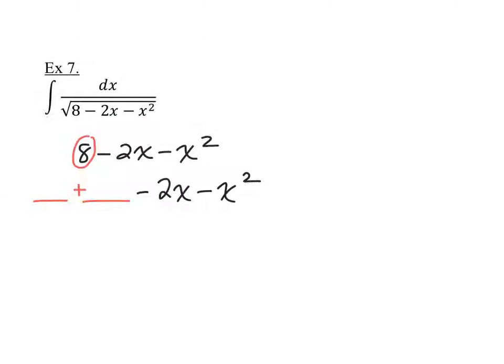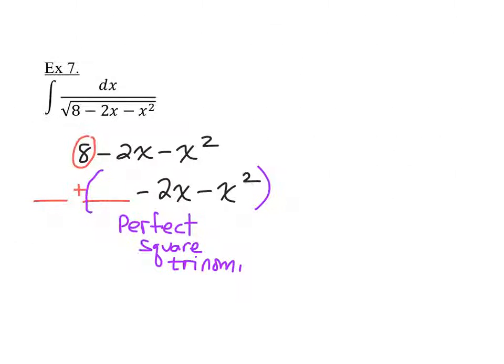So the idea is that I want this part here to be a perfect square trinomial. All right, so in order to do that, I need to complete the square.